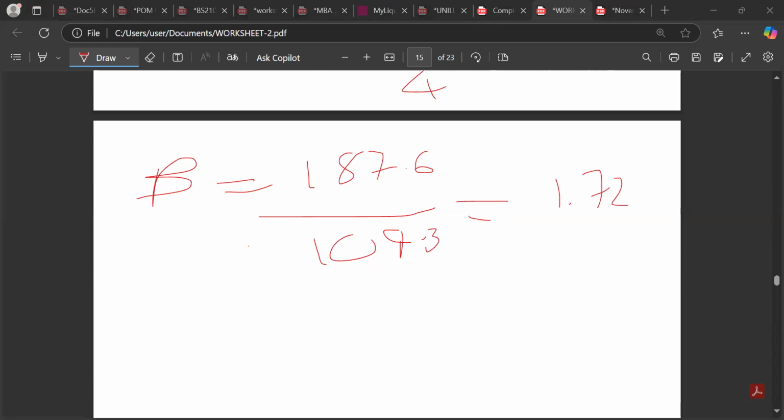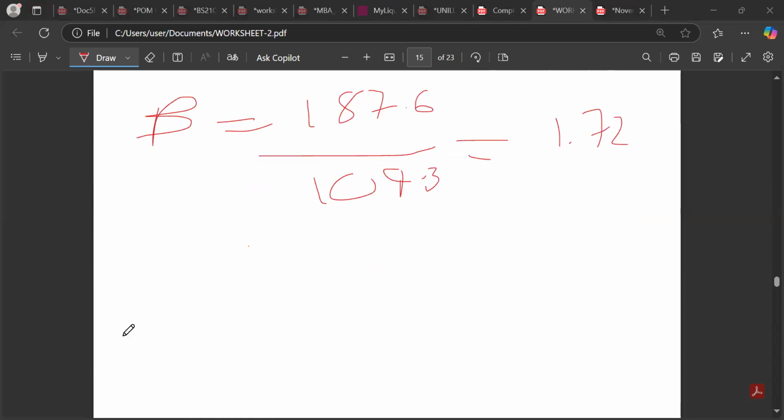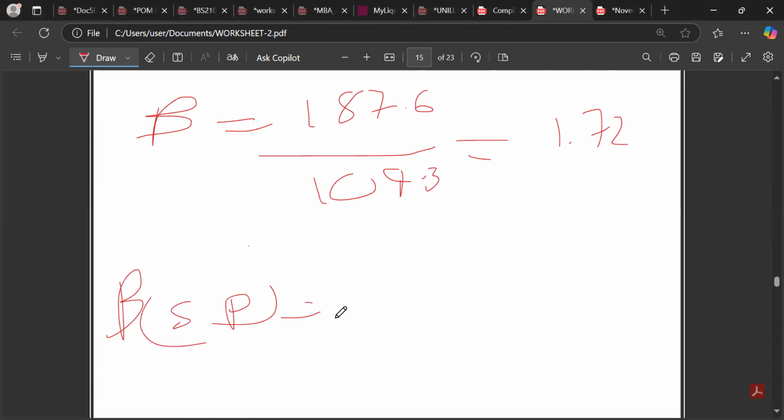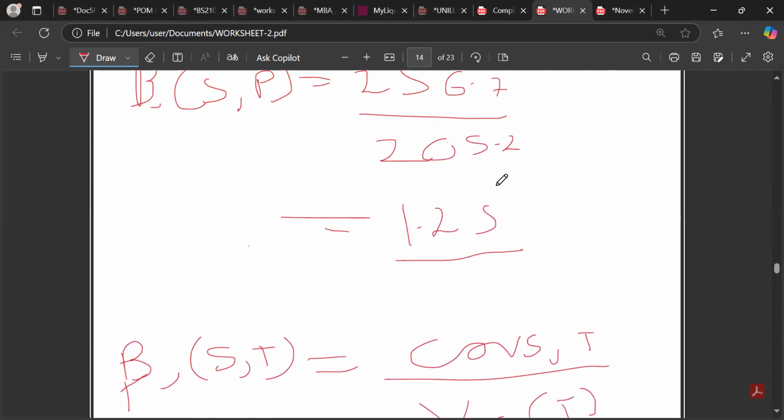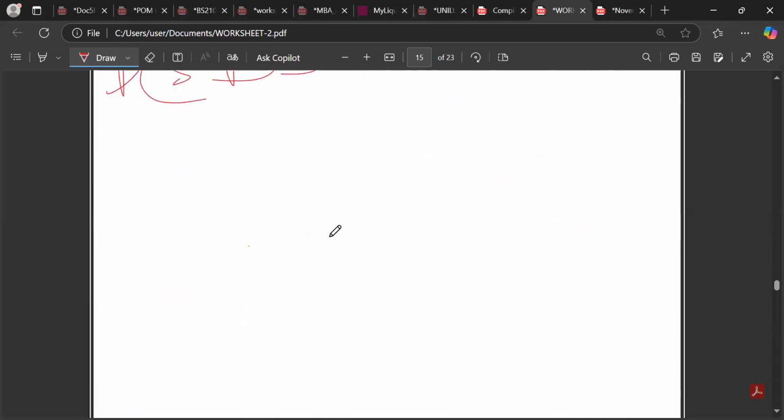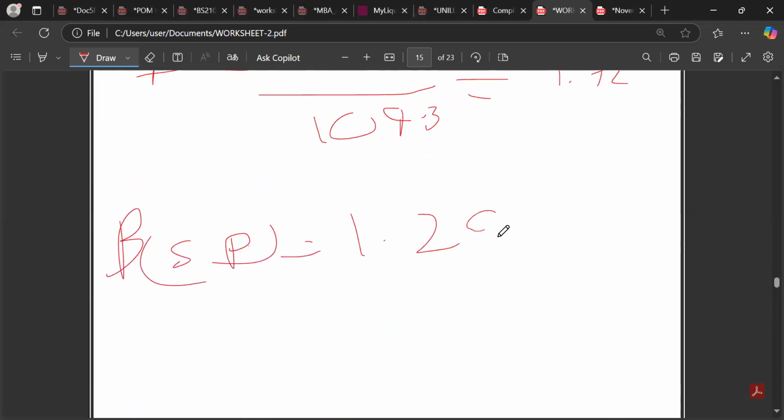Lovely. Having obtained this beta: the beta between Sophie and the market proxy we found was 1.25, and the beta between Sophie and the true market is 1.72.